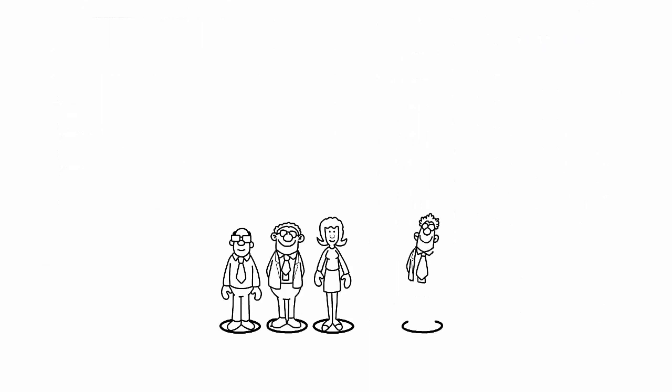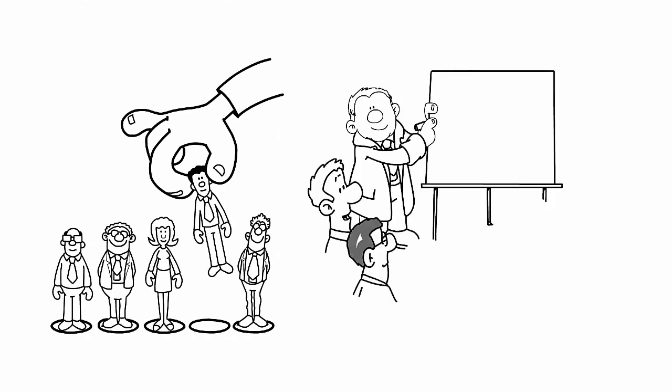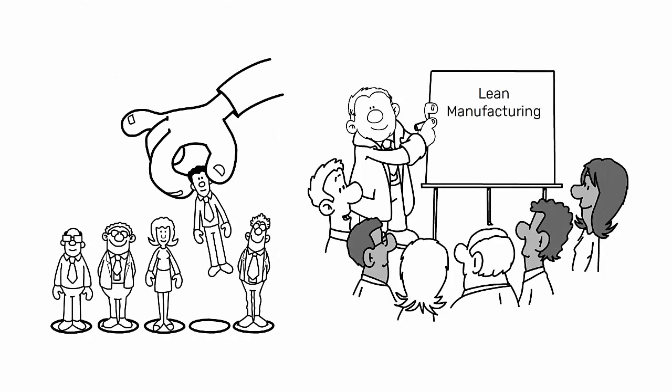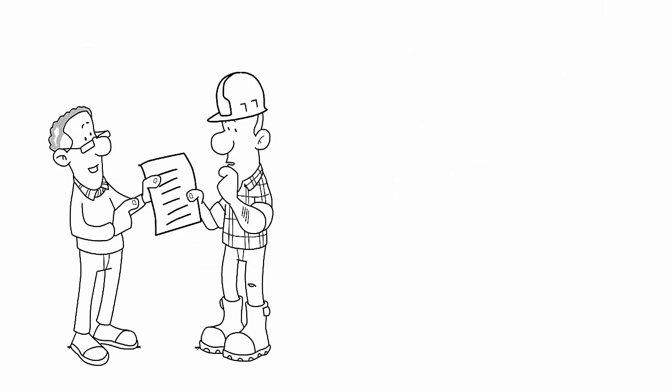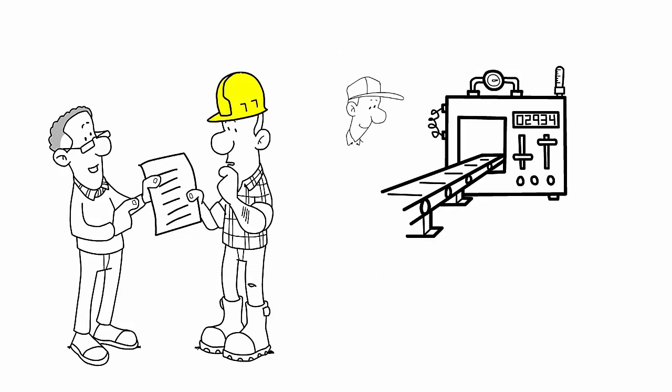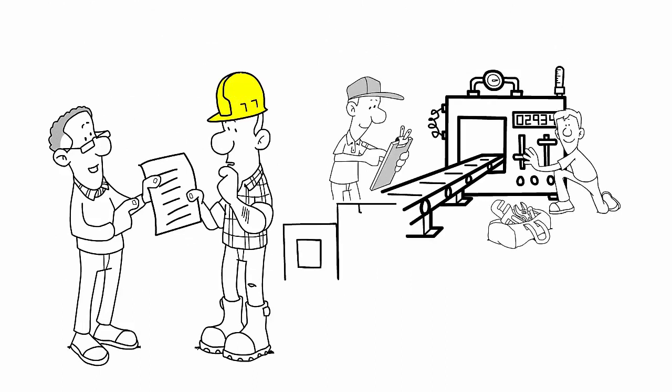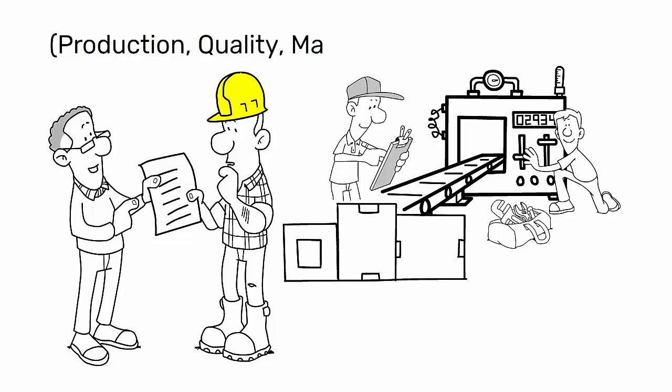An XYZ product improvement team is identified and training on the principles of lean manufacturing and basic tools is done. 5. The improvement team will be made up of the operators and by all the departments working on that product family: production, quality, maintenance, materials, etc.